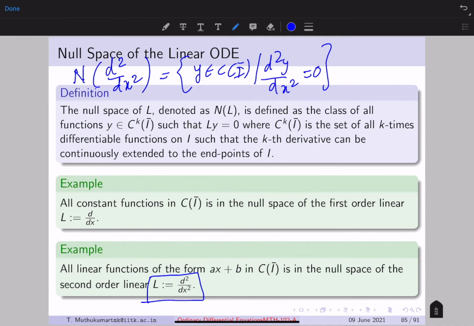Again, you can use the fundamental theorem of calculus to compute that all functions whose second derivative is 0 are linear functions of this form, a one degree polynomial in one variable. These are all possible solutions. So this collection for all a and b is the null space of d square by dx square.